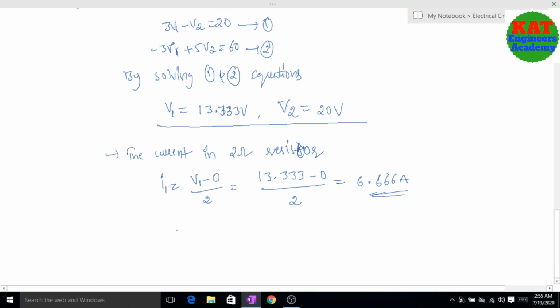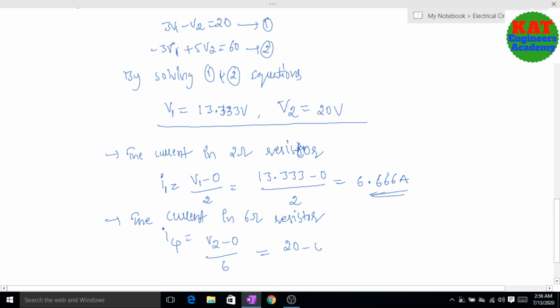Next, not I2, I4, that is the current in the 6 ohms resistor. So I4 equal to V2 minus 0 by 6. V2 we calculated as 20 volts.